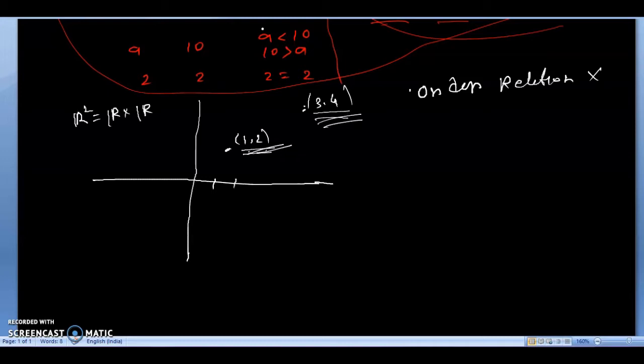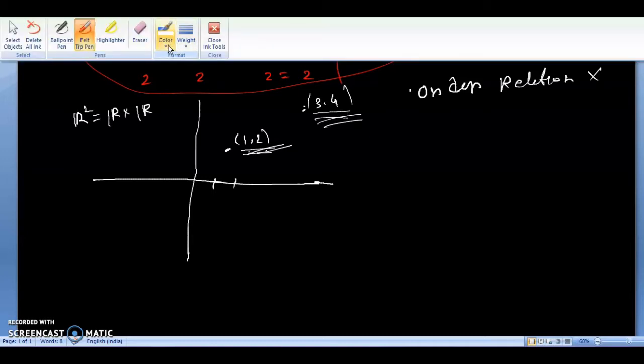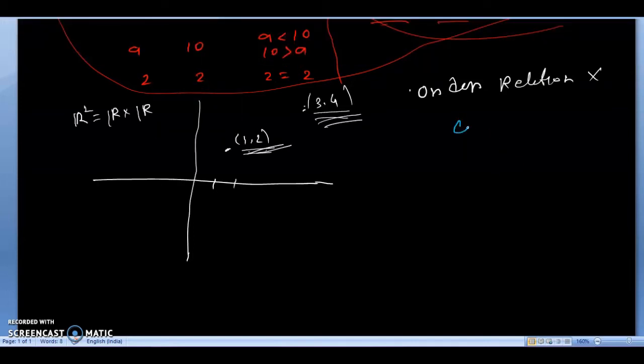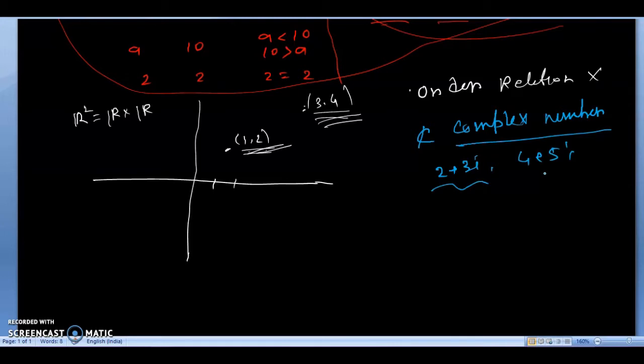Now, check out another example. Suppose you take another number system, the complex numbers, which we denote by C. In the complex number system, if I give you two numbers, 2 plus 3i and 4 plus 5i, and anyone asks which number is bigger, you can't say, because complex numbers have no order relation.